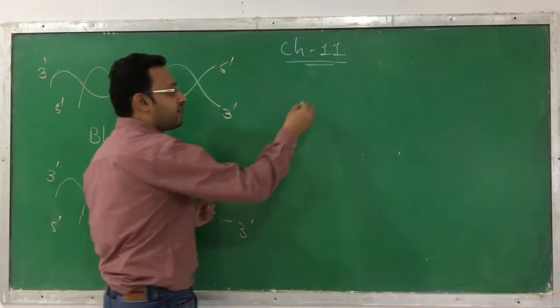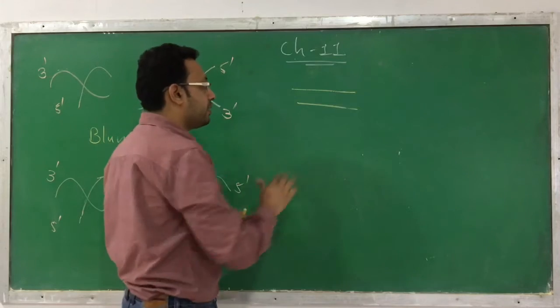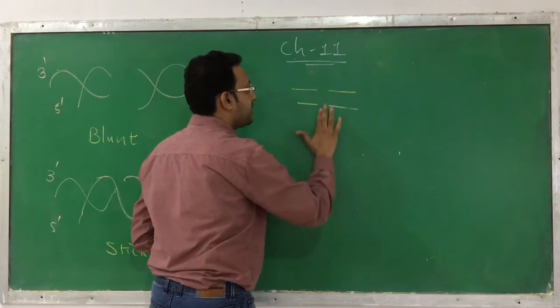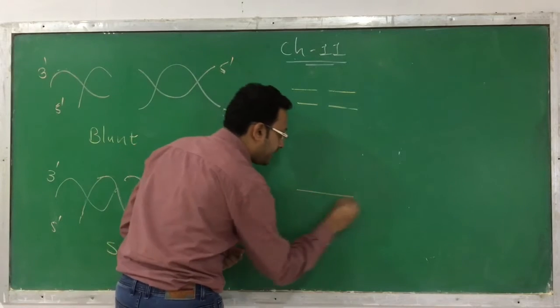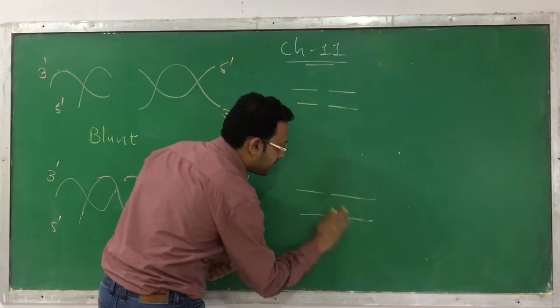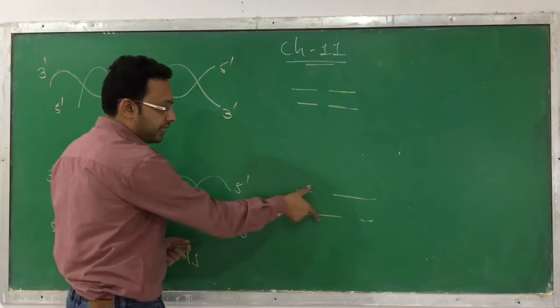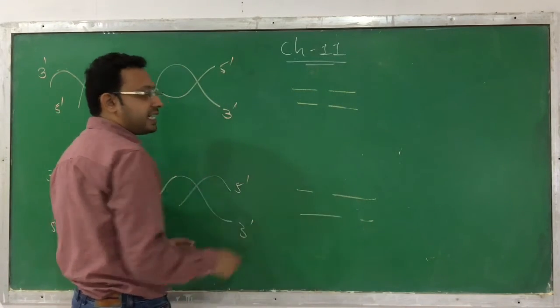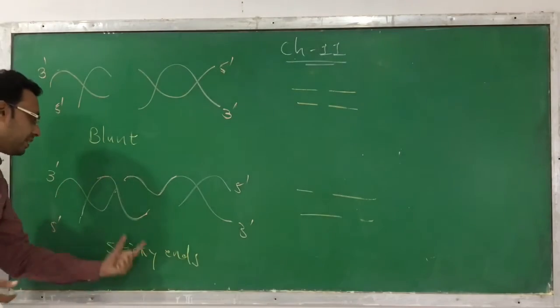In simple language, suppose this is a DNA, two chains of DNA. Suppose the cut occurs like this. This is called a blunt end. But if the cut occurs like this, an improper cutting occurs, then this is called a sticky end. So both kinds of cutting can occur, blunt and sticky end.